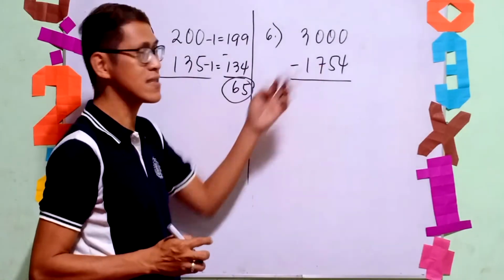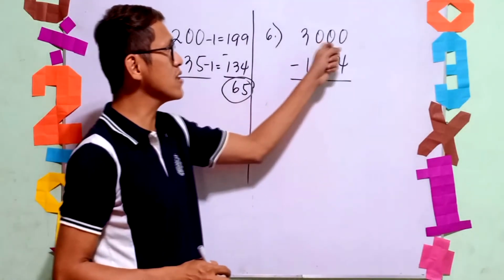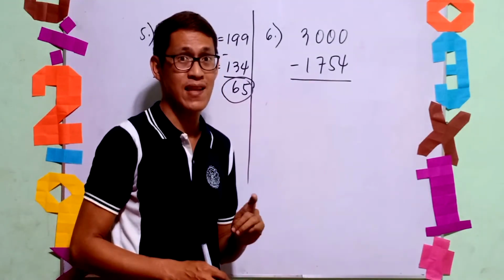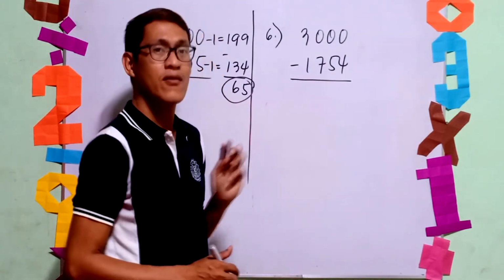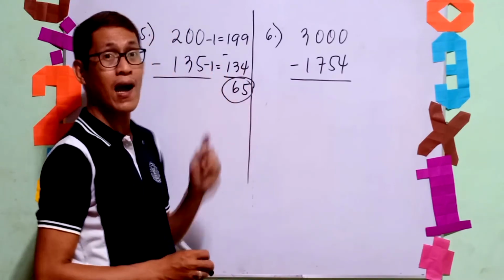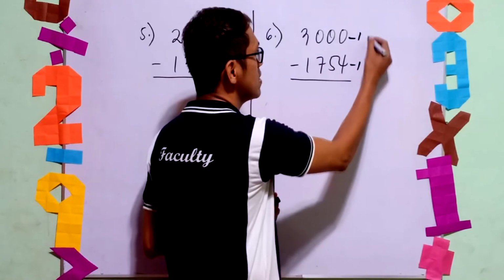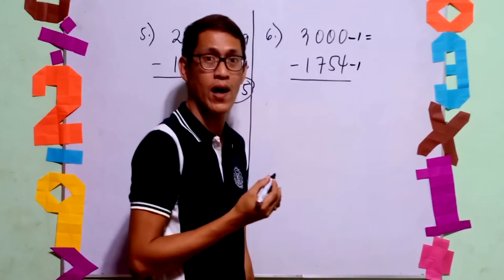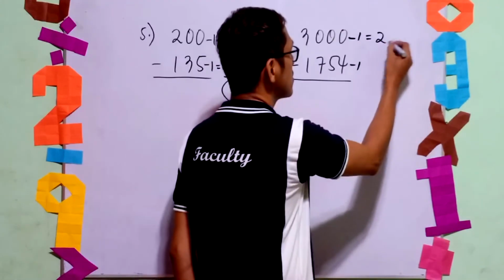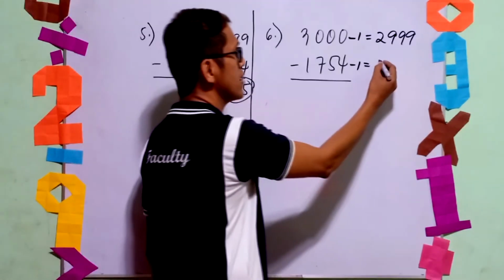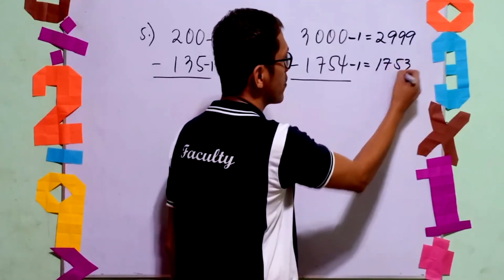Let's go to the last number. Again, the first number ends in zeros, and the second number does not end in zeros. So first, what we do is subtract 1 from each number. So let's subtract 1 here and here. So what's 3,000 minus 1? Yes, that's 2,999, correct? What about this? So that's 1,753.